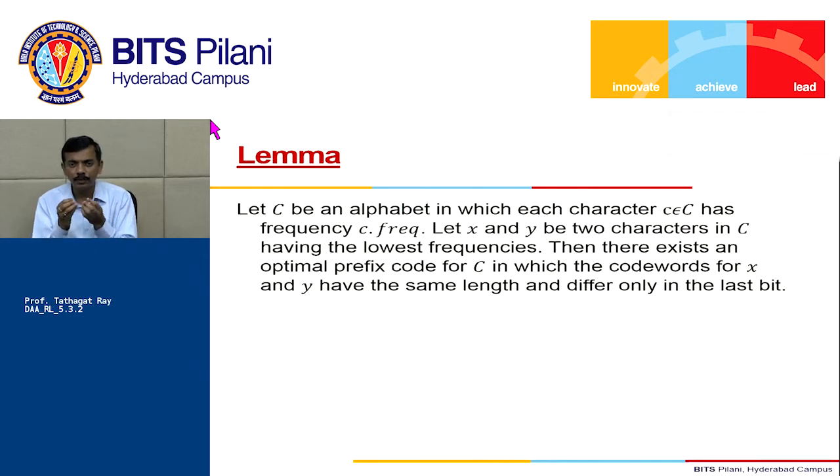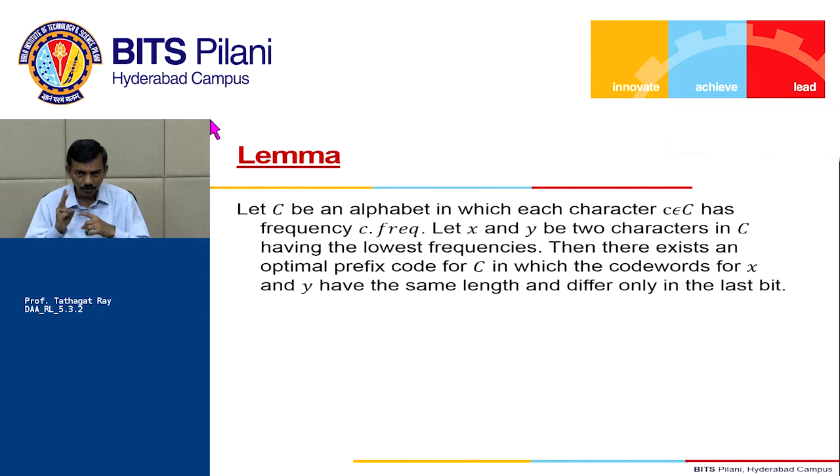The frequency of the parent node was the sum of the frequencies of its children, and this new character was inserted into a priority queue based on the frequency of the characters. We kept on doing this till our tree was built. So here we will prove that it's going to work.